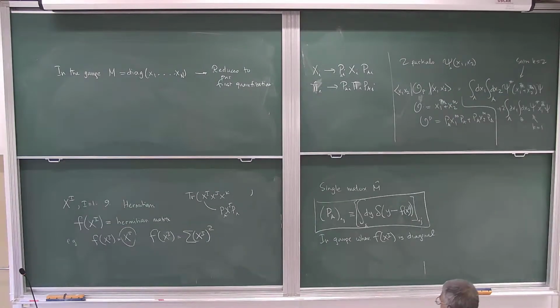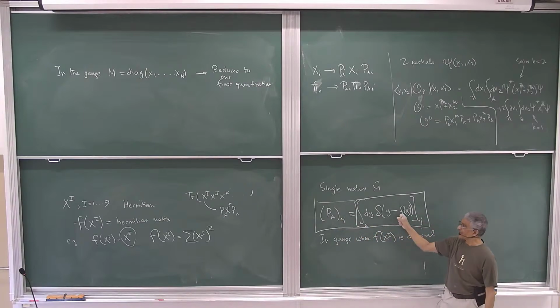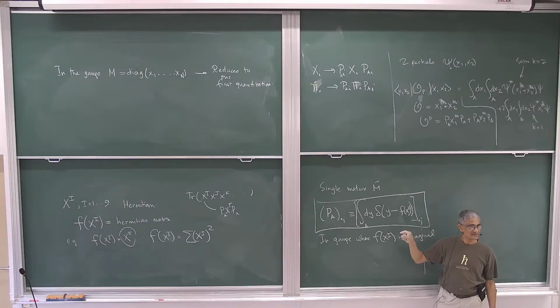So in that gauge, this is a diagonal matrix, because f is diagonal. And you can see what this is testing for. It is testing whether the eigenvalues of that function f of x lie in a certain interval. Okay? So that's the story for that particular combination of matrices.